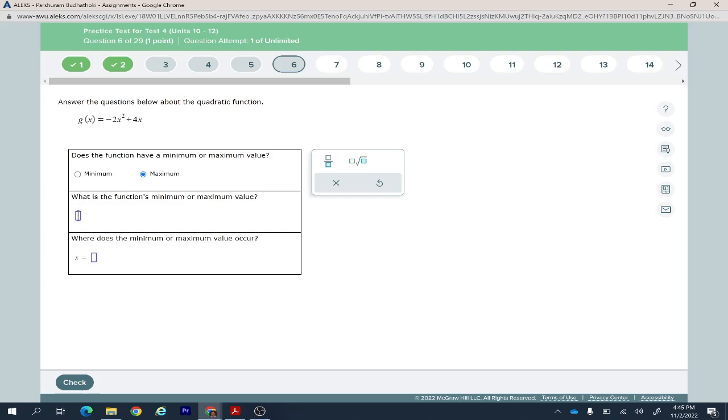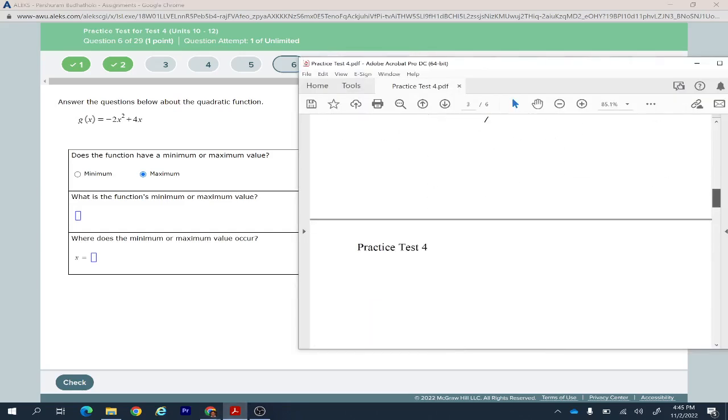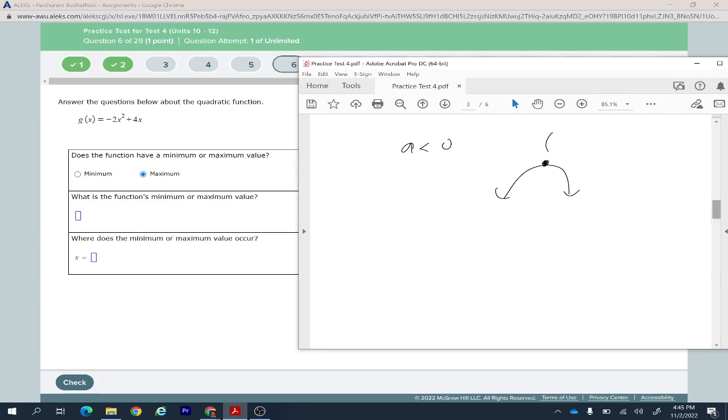Because this is a parabola, when a is negative, the graph of this function would look like this, and the vertex (h, k) gives you the maximum or minimum value. In this case, it's a maximum value, and for finding the value itself, you need to find k. Here h can be found by using this formula, -b/2a.